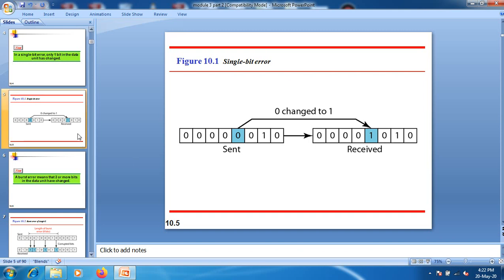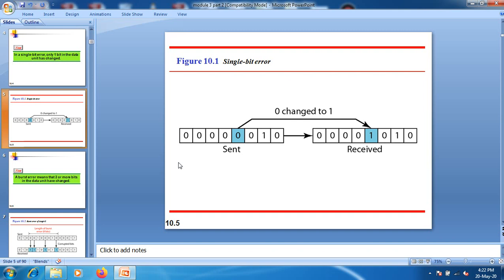This type of error, a single bit error, is the least likely error to occur. Suppose we transmit data at, for example, 1 kbps.